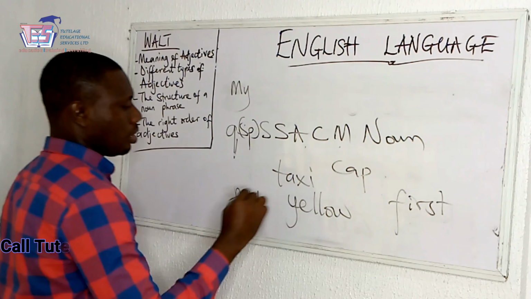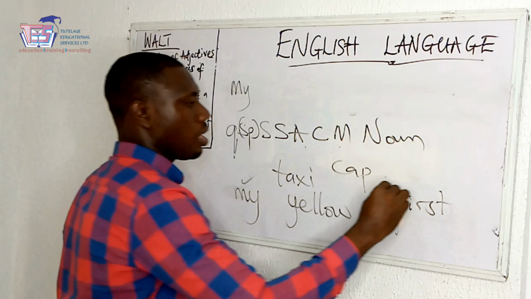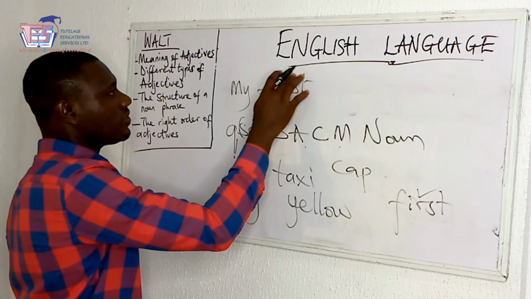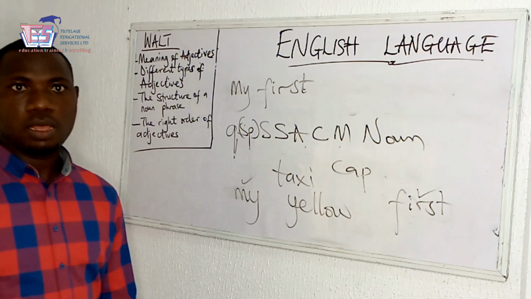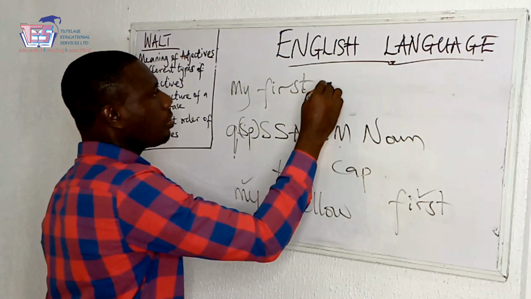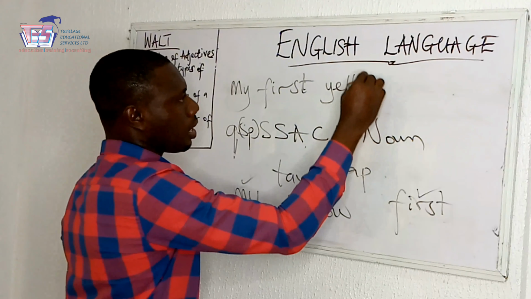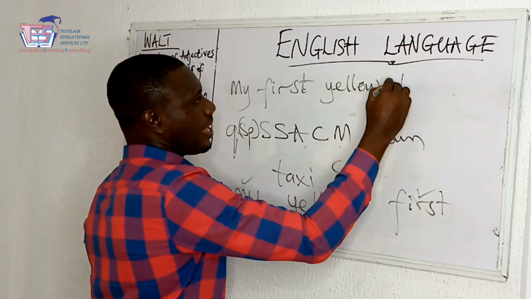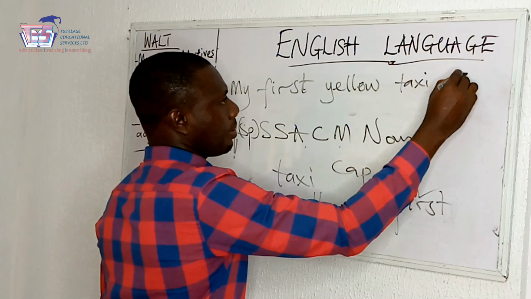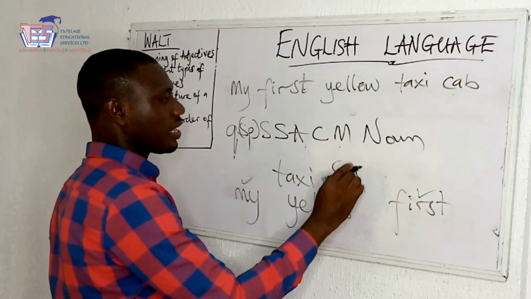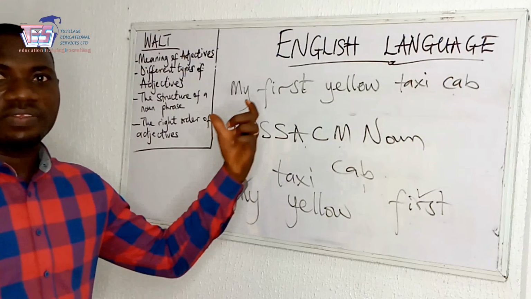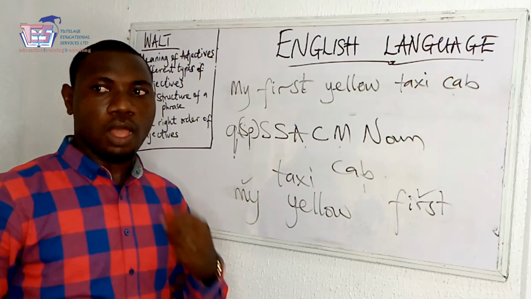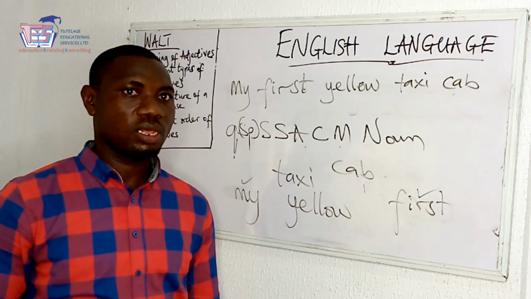My comes first. First is the next word because it has something to do with quantity or numbers. First, color comes next. Yellow. Taxi, cab. This is the order based on the standard English.